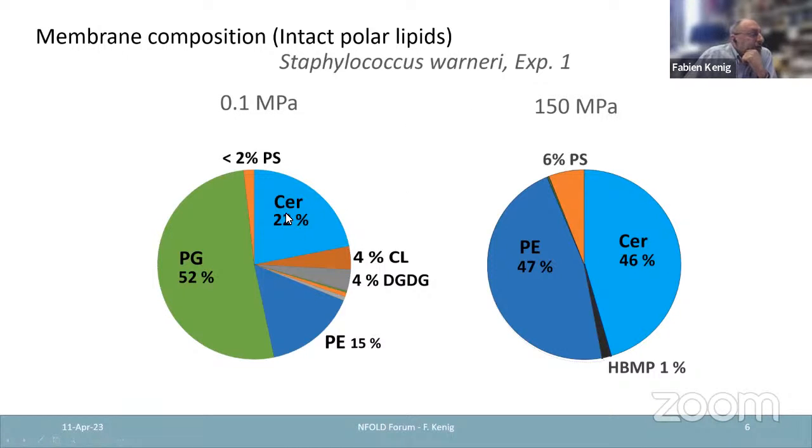You can see that we have a very vast change in the distribution of these intact lipids. Phosphatidyl glycerol, which represented more than half of the constituents in the control, is present here between the PE and the PS.